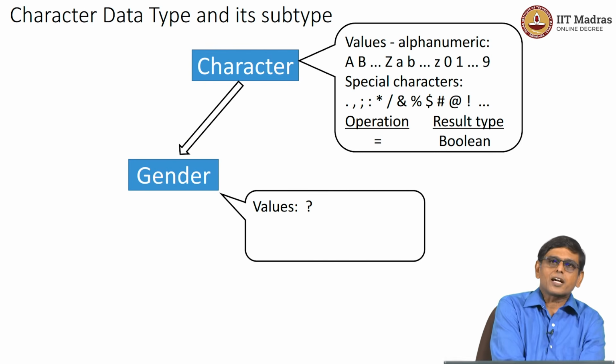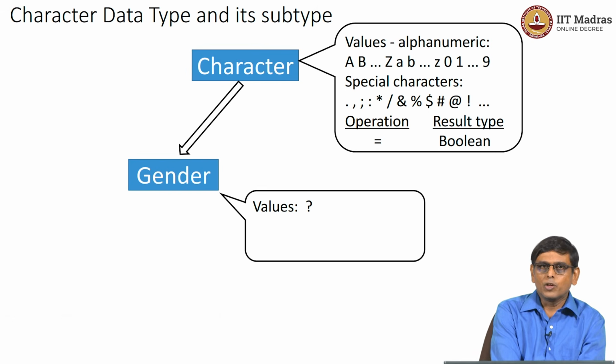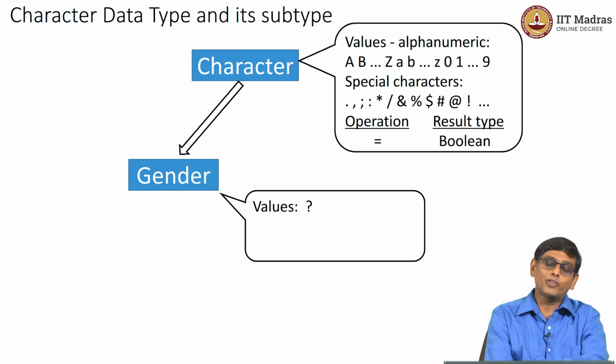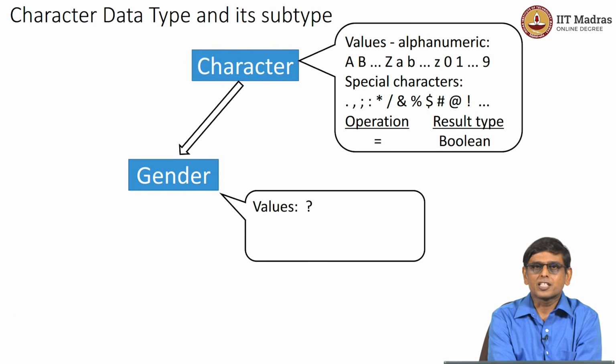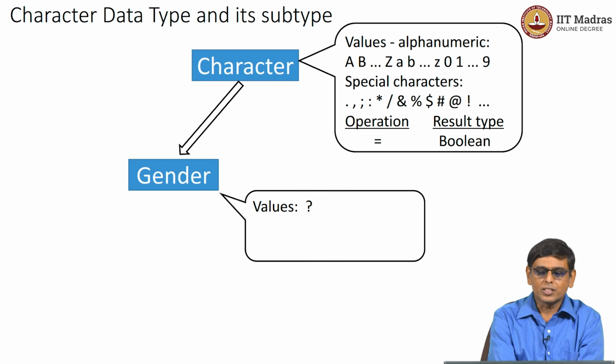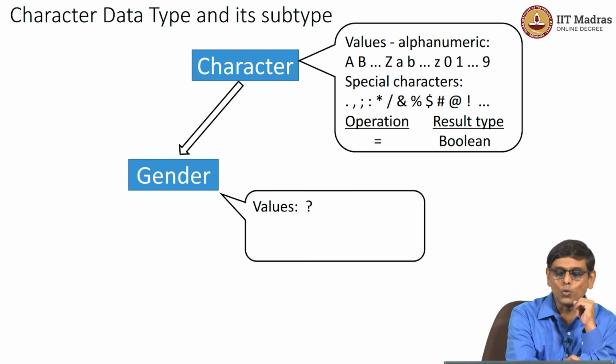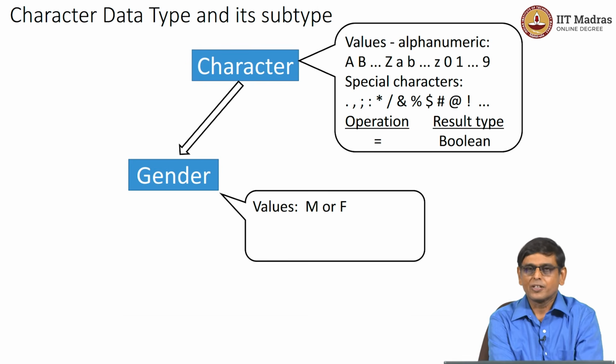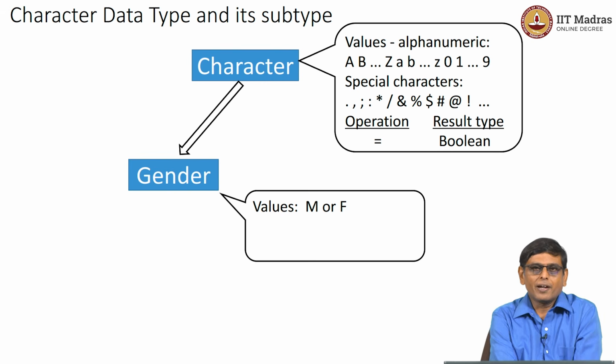Finally, if you look at the character data type, one type of field that we saw in the cards was the gender field. The gender field, if we recall, had 2 values: male or female, which we denoted by the letter M or the letter F. So both M and F are characters.